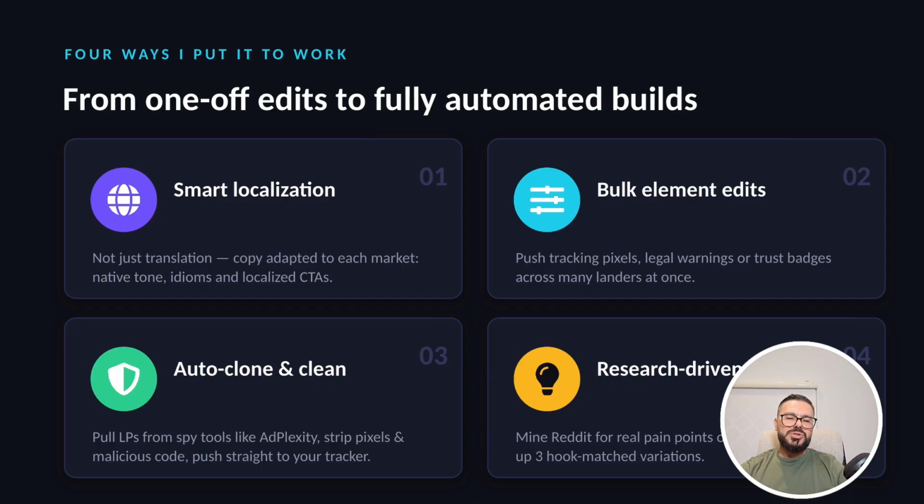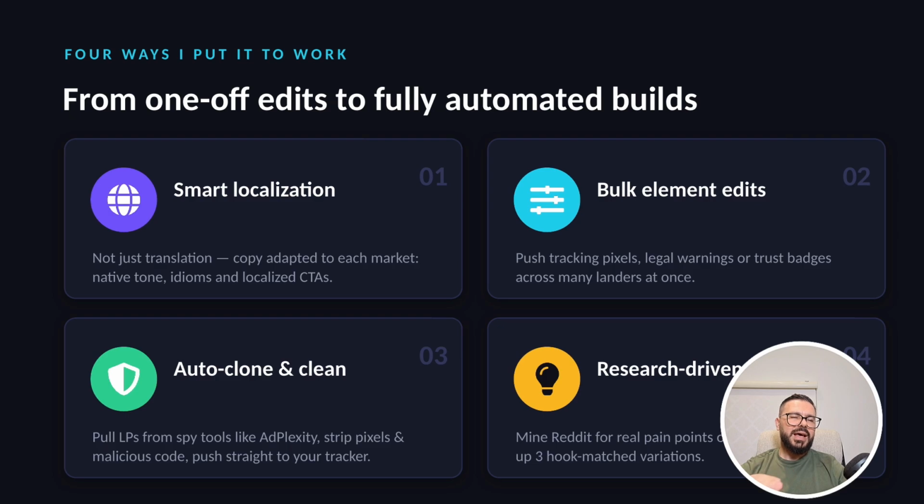The third one, which is also an interesting scenario, is auto-cloning. Let's say that you go to a spy tool and find 5 interesting landing pages that you want to split test. Instead of importing them one by one to LanderLab manually and then cleaning them for malicious code and tracking pixels from the person that was running it, you can just tell the MCP, here is a list of 4 URLs, import these to LanderLab, remove any malicious code if any, and remove any tracking pixels.